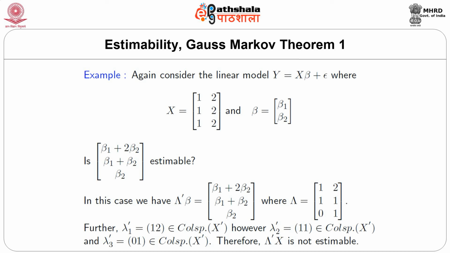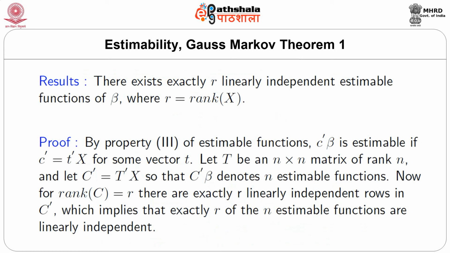So lambda must be 1 2, 1 1, 0 1. Further, lambda 1 transpose equals 1 2, which is in the column space of X transpose. Lambda 2 prime, however, is 1 1, which is not in the column space of X transpose, and lambda 3 is 0 1, not in the column space of X transpose. Therefore, lambda transpose beta is not estimable.